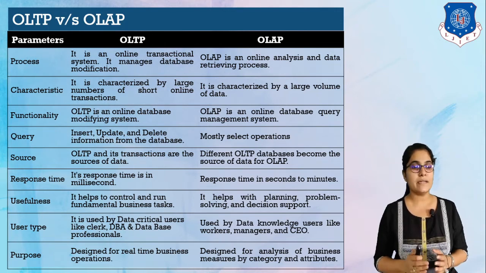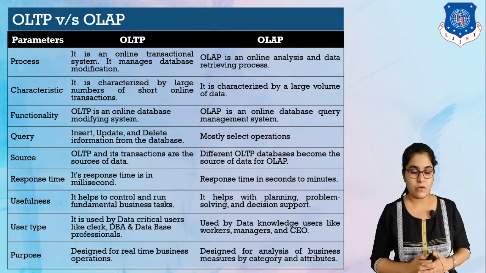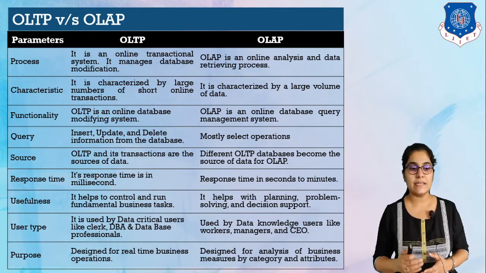OLTP is an online database modifying system, whereas OLAP is an online database query management system. OLTP supports insert, update and delete information from the database, whereas OLAP mostly performs select operations.